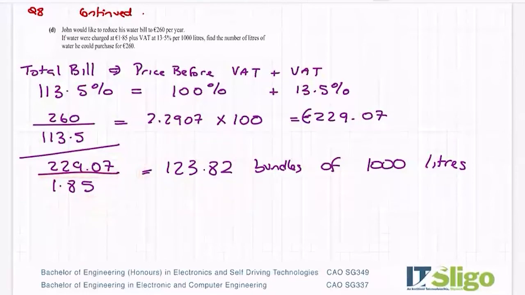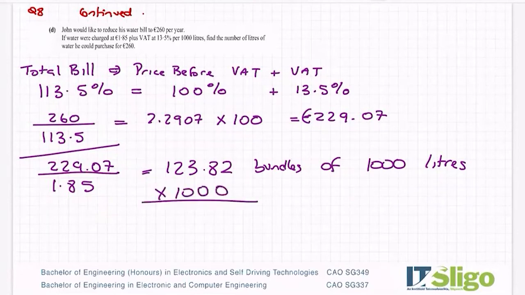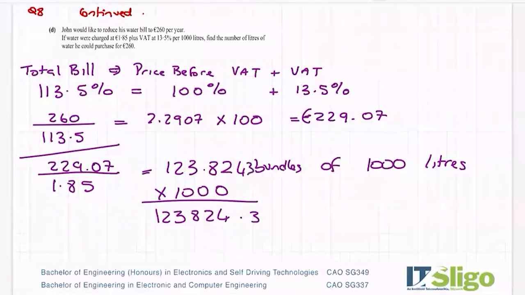The question said find the number of litres. Well, I then need to multiply that by 1,000 to find the actual number of litres. And I got 123.82. I didn't put enough decimal places there. If water were charged, find the number of litres he could purchase.